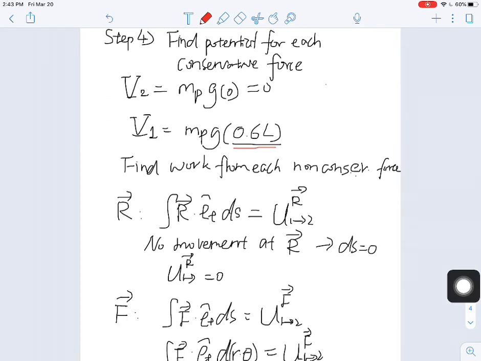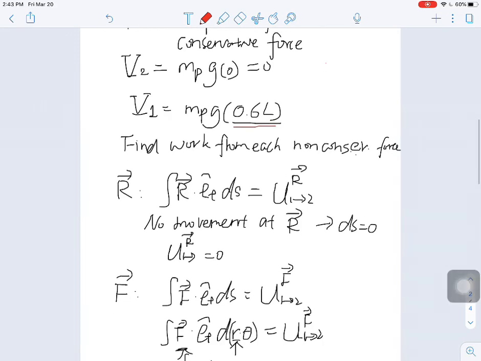And we look at this normal force F applied to the rod, and it does move from one position to another. So you need to consider the path that force is applied along.